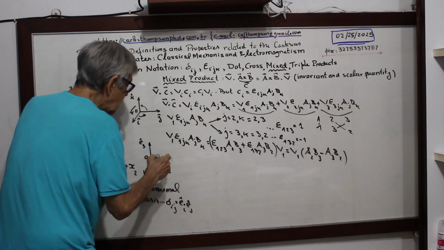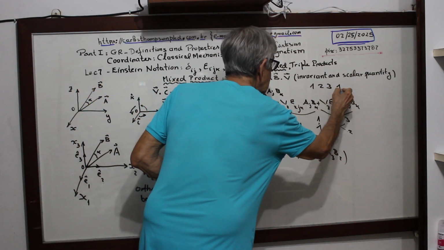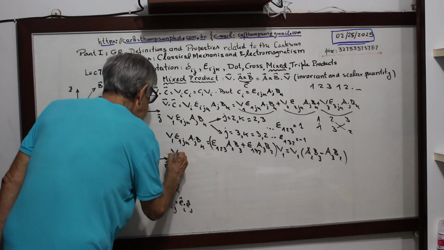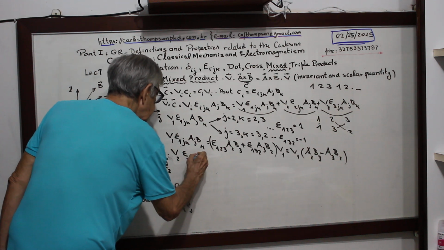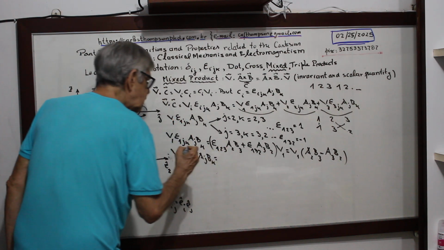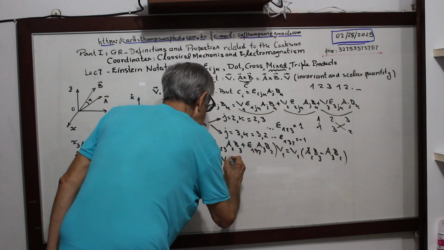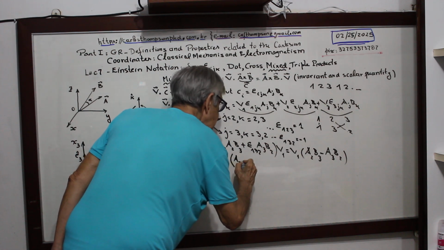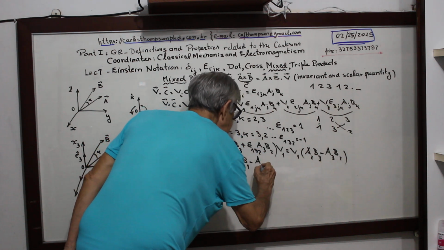After 1, I write 2. So epsilon_2jk a_j b_k is equal to v2 times (a3 b1 minus a1 b3). After 2 comes 3, after 3 is 1.